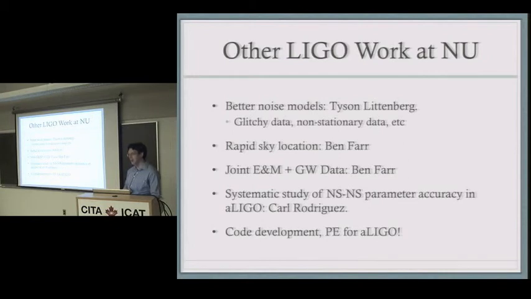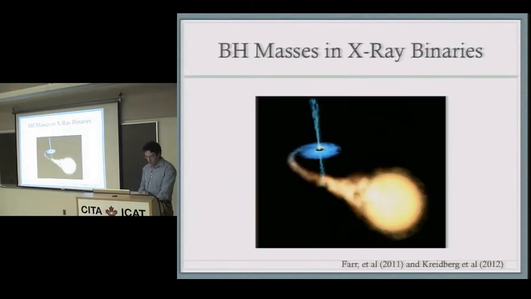And there are times when we may not be able to say that because of noise effects. Carl is leading that study. And of course, we all work on code development and preparing our parameter estimation pipelines for advanced LIGO.